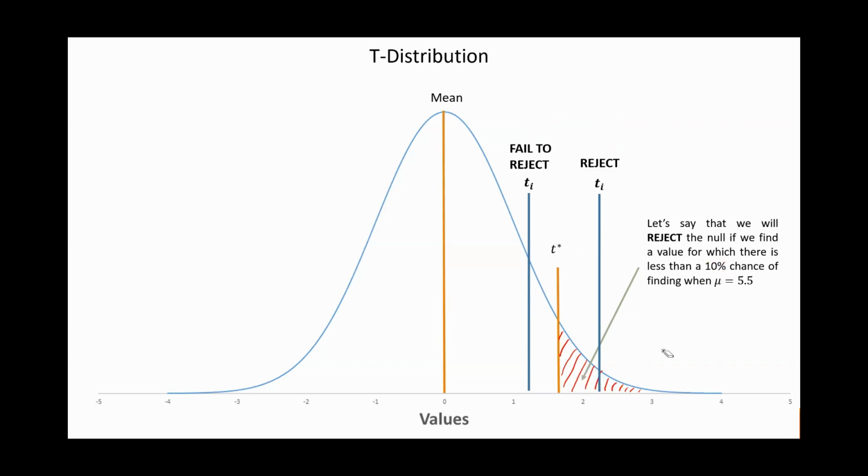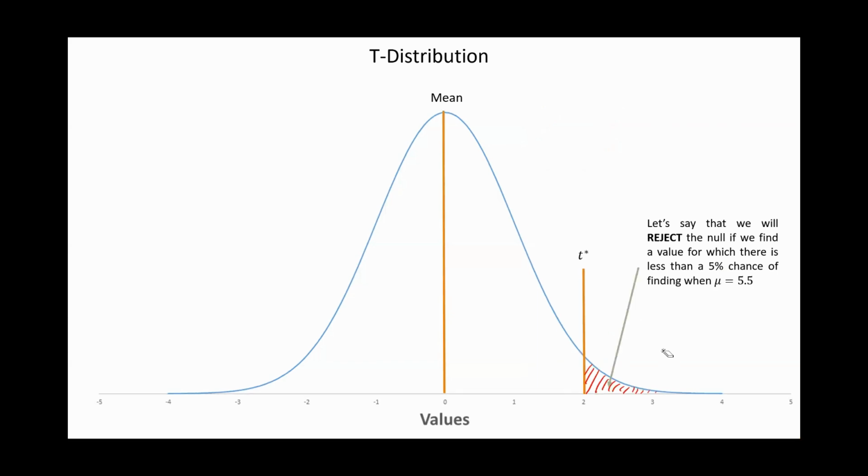All right. Now, we could choose different thresholds. How about this one? This one would correspond to 5%. In this case, there's a 5% chance of finding a value that is beyond this T star. If our t-statistic was here, again, we will fail to reject it. If our t-statistic is here, we would reject it.